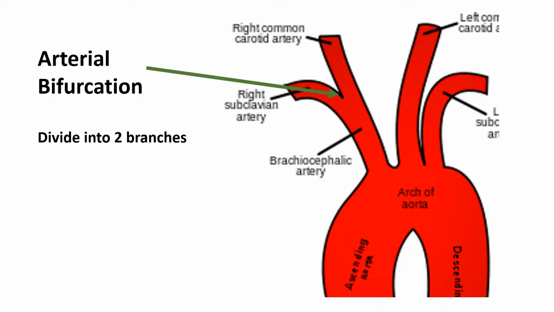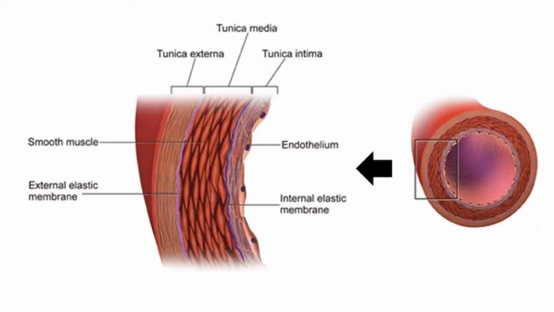All right, arterial bifurcation right here. Arteries of the upper extremity, blood flow order.